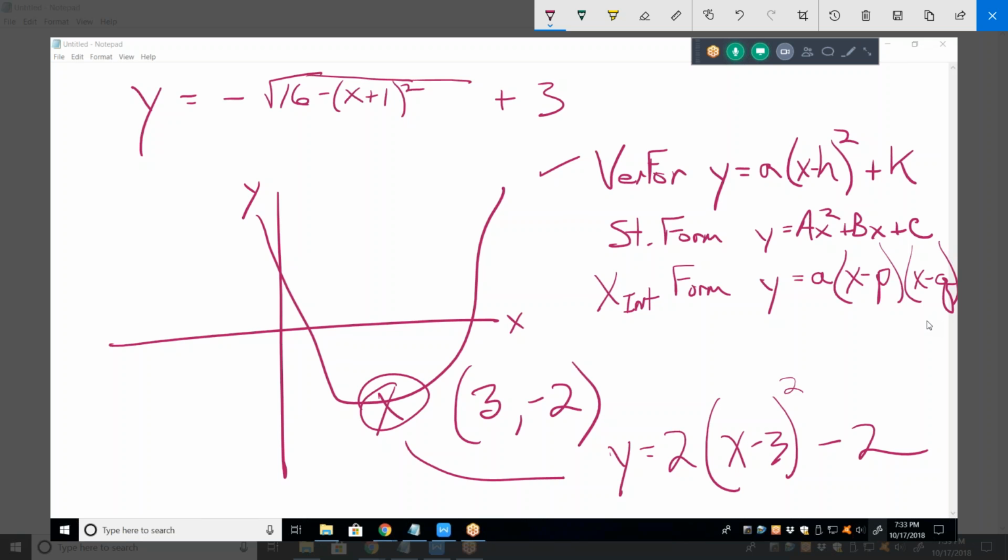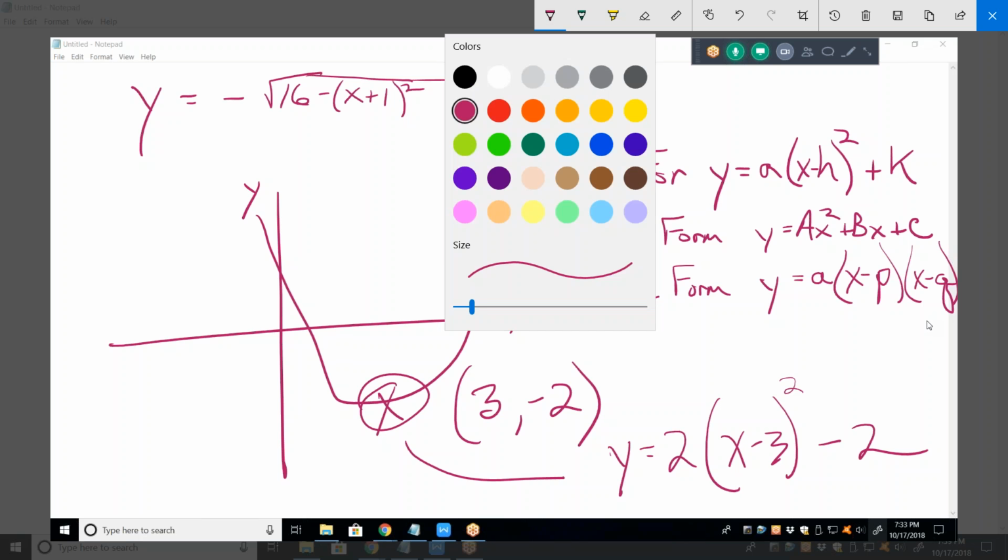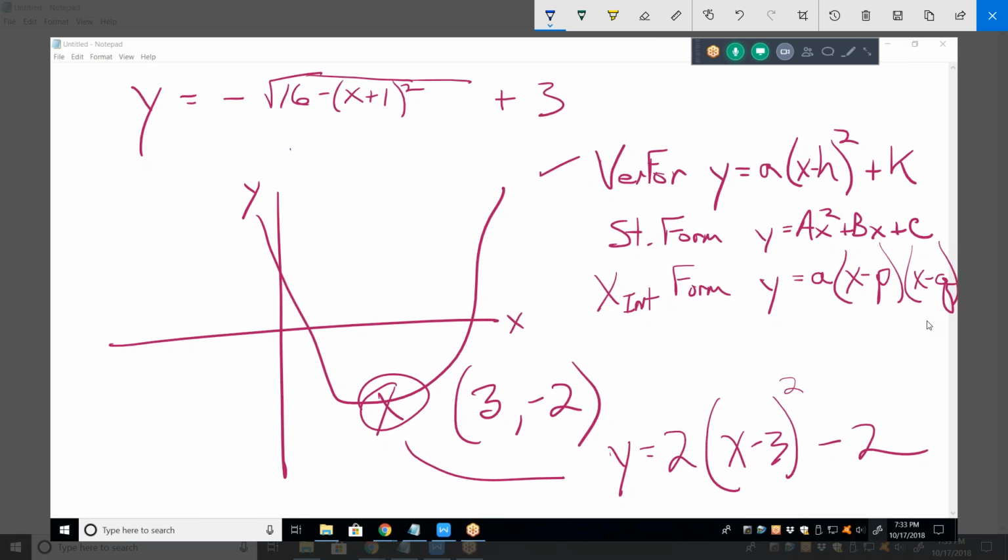That's what A is. In other words, that parabola may not look exactly like I've drawn it. It may look something more like this. But the fact is that the vertex is in the same spot. So the beauty of the vertex format is that it tells you immediately where the vertex is.